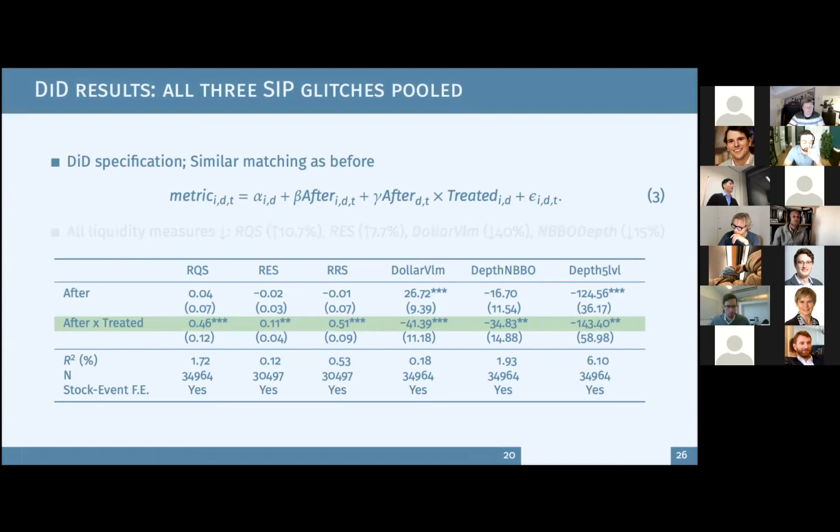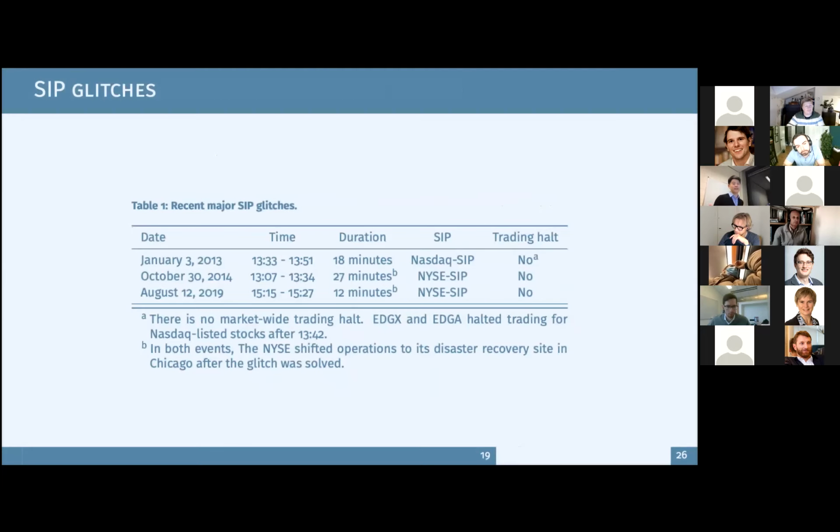There's nothing new in the empirical strategy, still difference-in-differences. When there's an outage in the Last Stack SIP, I take the Last Stack stocks as the treatment group and match them with a group of LYCE stocks, because for the LYCE stocks, their SIP still works as normal.